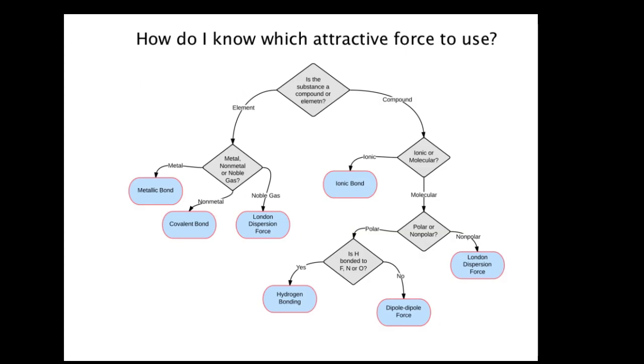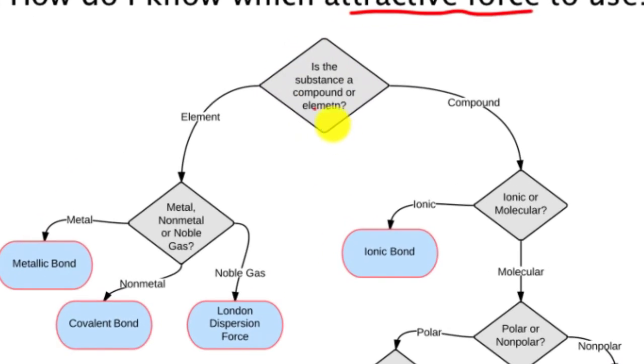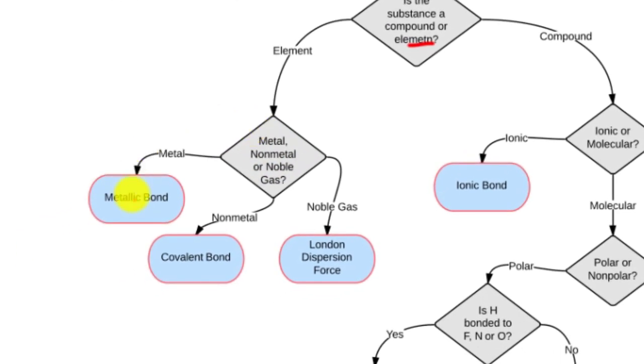So how do I know which attraction force to use? The first thing you want to determine is whether it's a compound or an element. If it's an element, it's going to be one of three types: a metal, a nonmetal, or a noble gas. The attraction force between metals is metallic bonding, which we saw before.